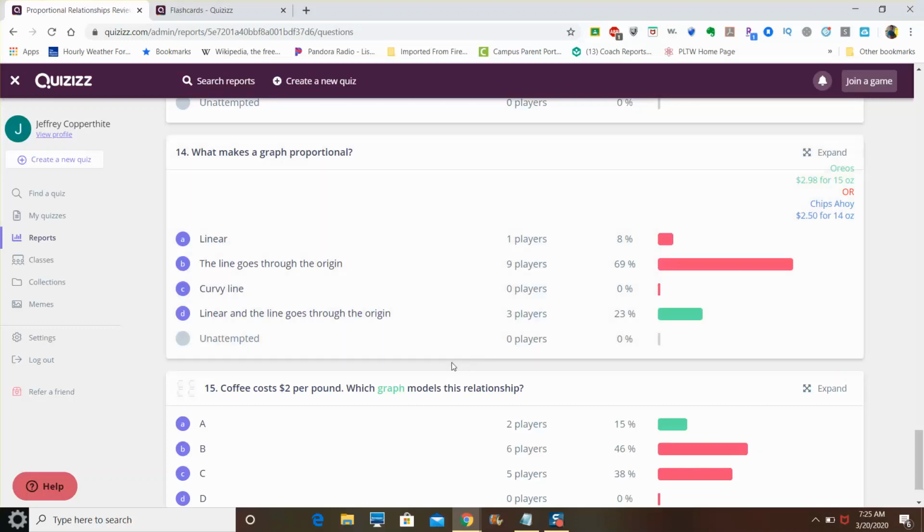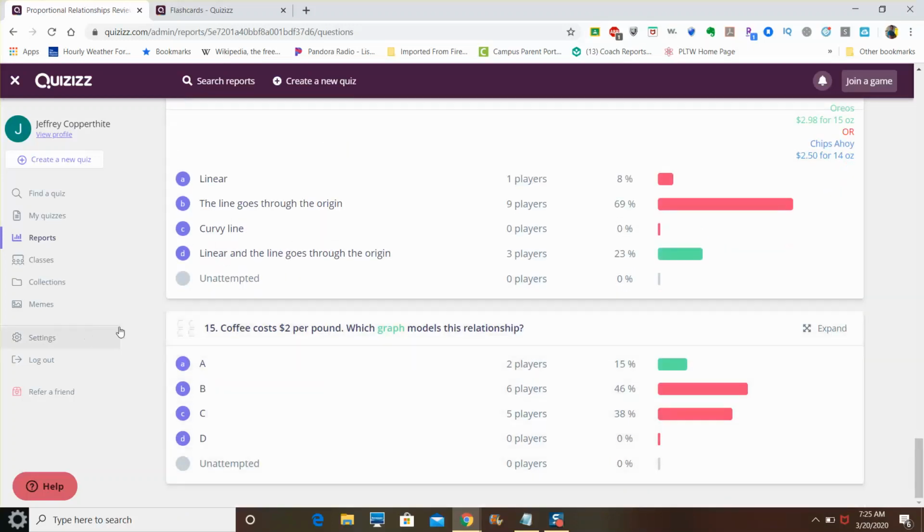Okay, and then the last question, the graph that models this particular relationship. The same deal here. This is a graph question where you have to analyze the $2 per pound. The y needs to be 2, and the x needs to be 1. So most of you had said graph B, and some of you had said graph C, and it says graph A is the correct answer there. You know what is the correct answer?